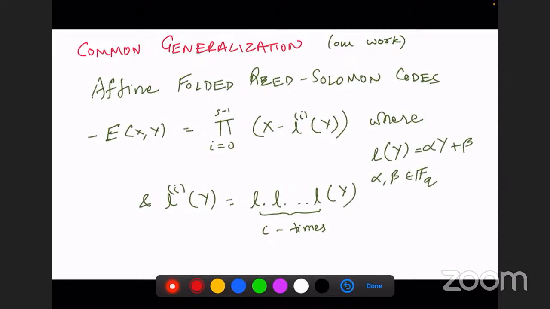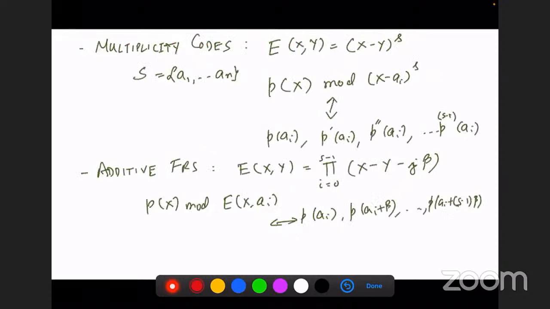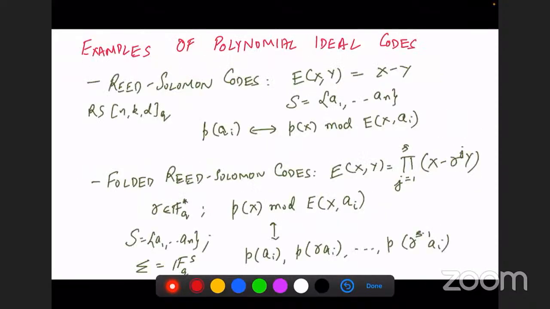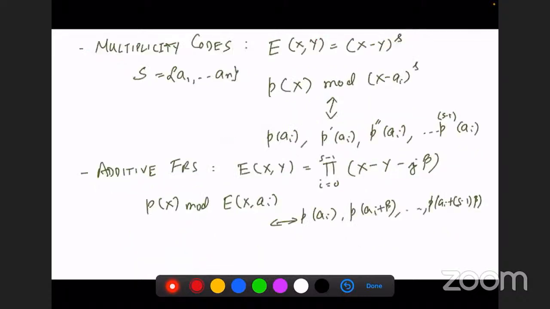And it should be fairly clear that the codes we studied prior to this are all instances of affine folded Reed-Solomon codes. For instance, in case of folded Reed-Solomon codes, the linear form L(y) is nothing but gamma y. And in case of multiplicity codes, L(y) is just identity, L(y) is just y.